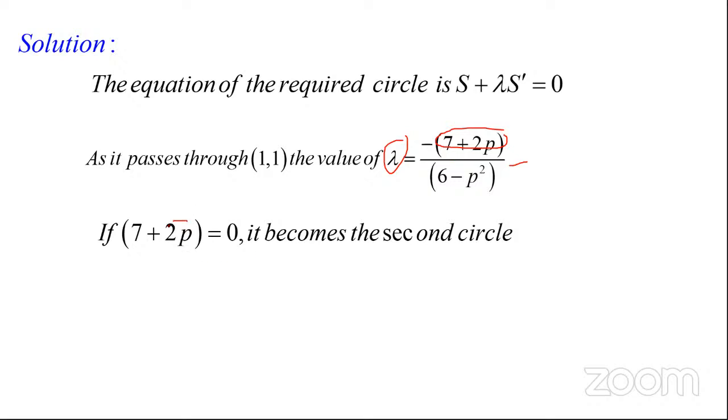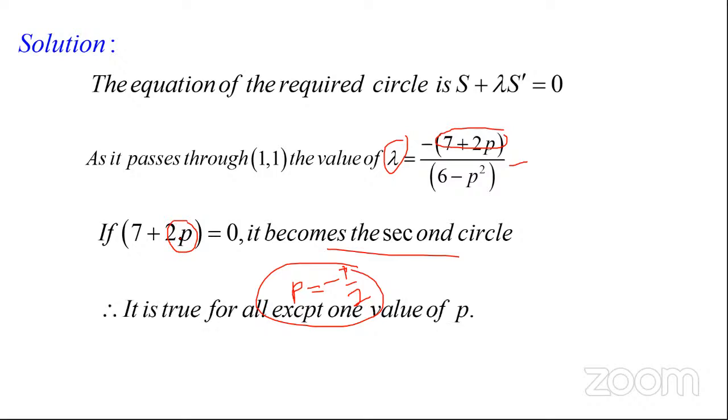So if p is not equal to minus 7 by 2, then this will be a second circle. Then except one value of this one, we'll get the answer. So it is true for all except one value of p.